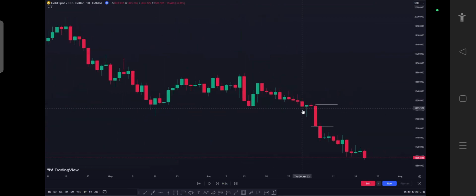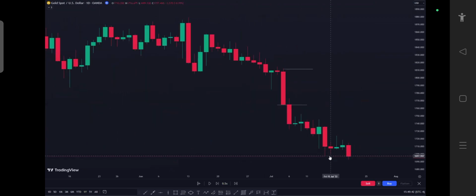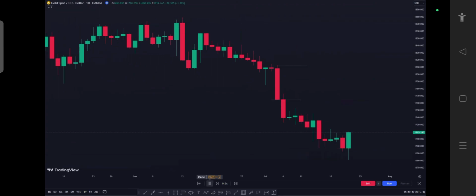Now we have taken a swing low, but still I'll be sell side. Now we have traded above this candle's high, so now buy side.